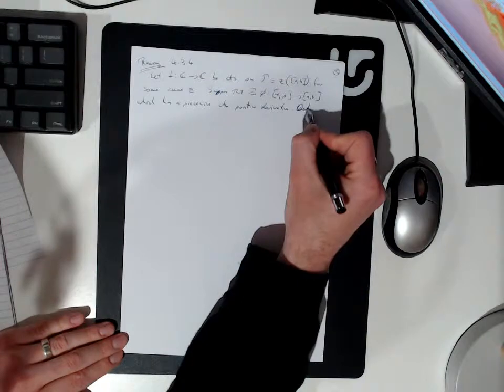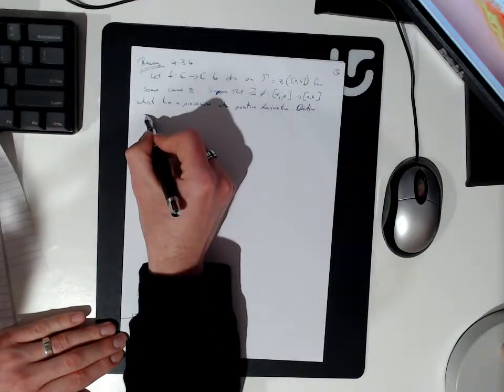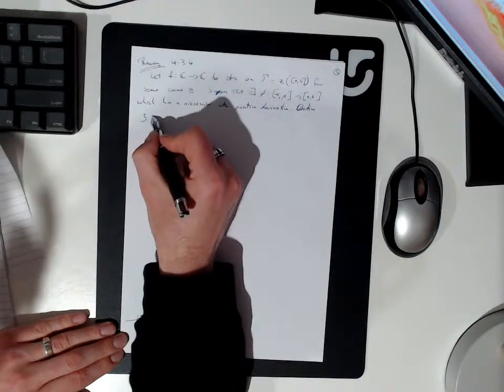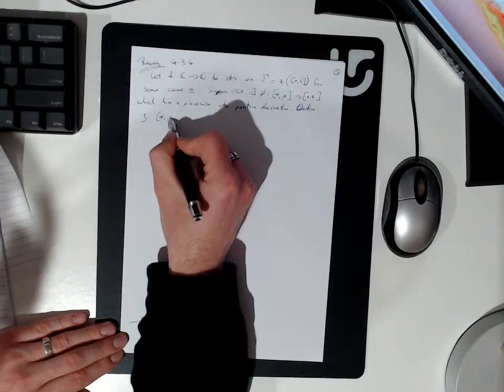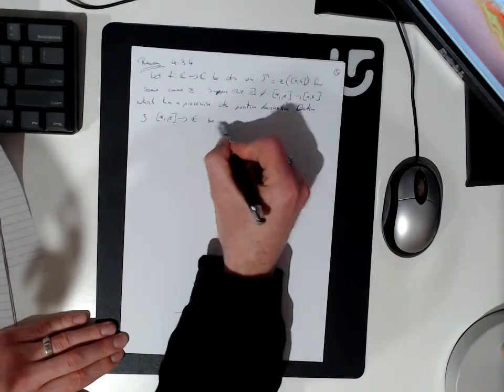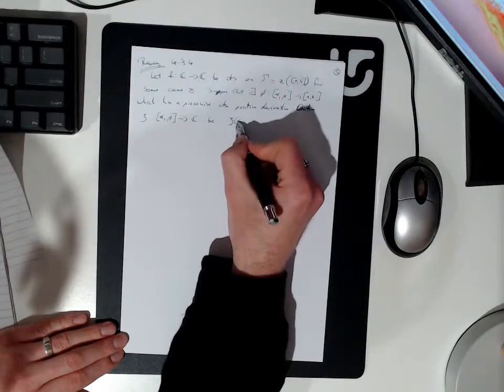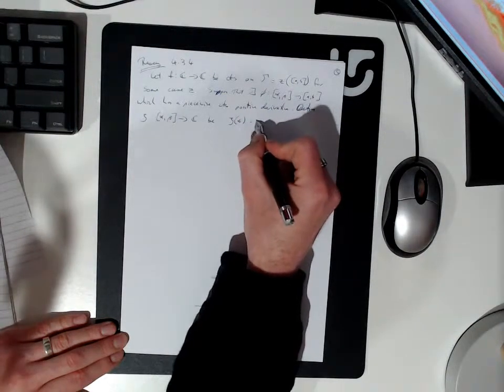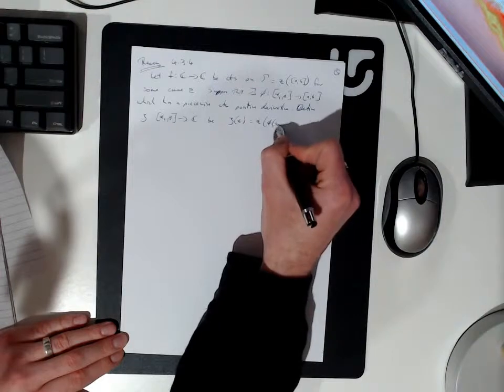We will define a new curve zeta from [alpha, beta] into gamma, defined by zeta of t equals z of phi of t.